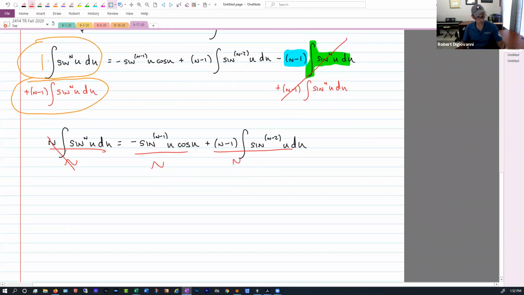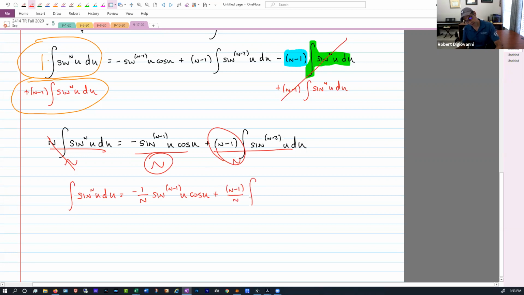And so what we get is the integral of sine to the n of u du equals, now this n down here, I'm just going to put it out in front as a negative 1 over n, sine to the n minus 1 u cosine u. And then this n minus 1 over n, I'm going to put it out front as a plus n minus 1 over n integral of sine to the n minus 2 u du. And that is the formula.